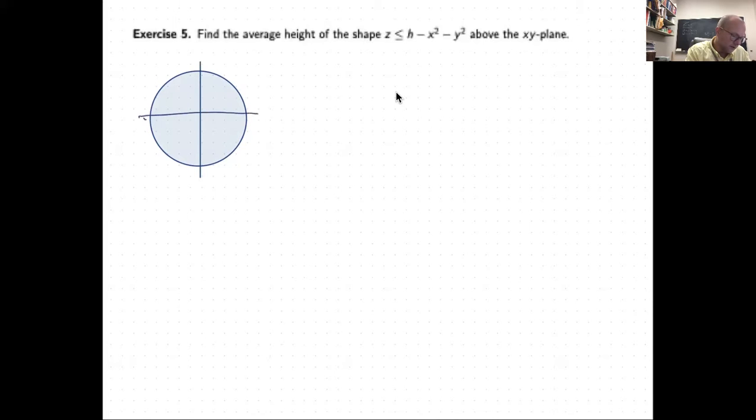I'll just draw that super quick here and write r equals root h, okay? And I'll think about setting up my integral, but what I need to do here to get my average value is to take 1 over the area of my region of the double integral across that region of my function f of x, y.